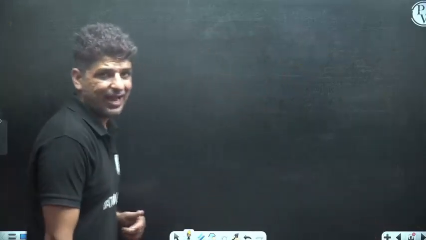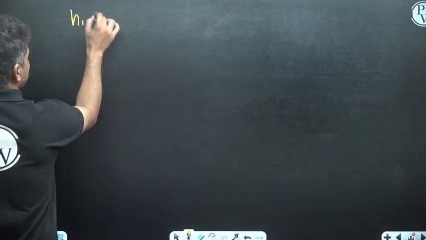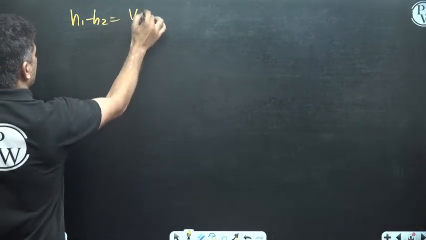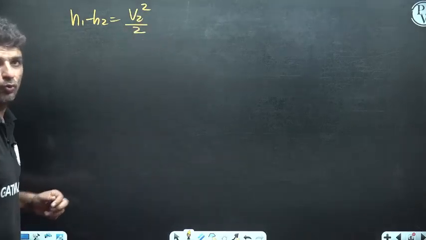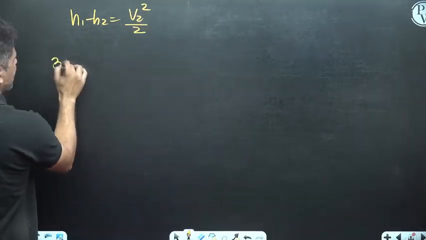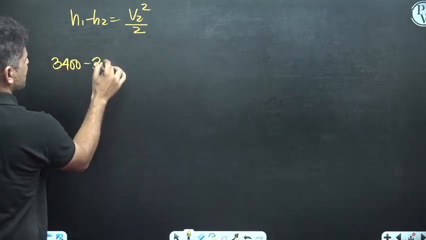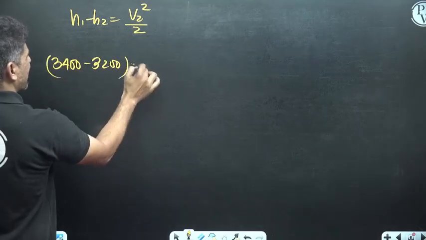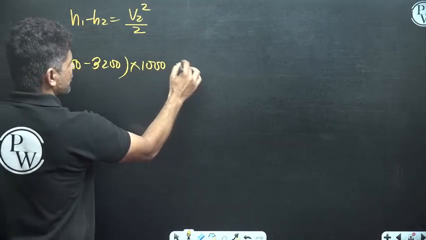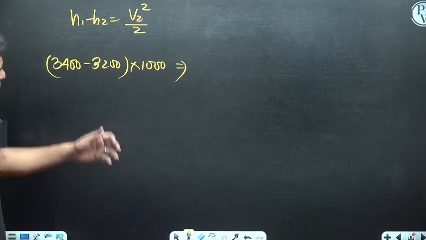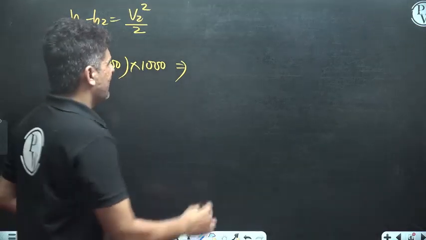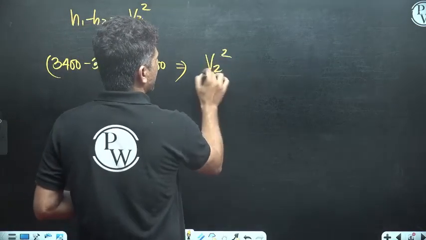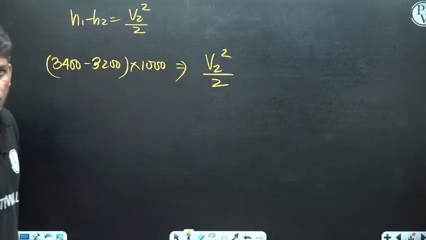So now you see that H1 minus H2 is equal to V2 square divided by 2. H1 is given as 3400. So 3400 minus 3200 multiplied by 1000. This is your kilojoule per kg, so if it is kilojoule, this is your joule. That will be equal to V2 square divided by 2.